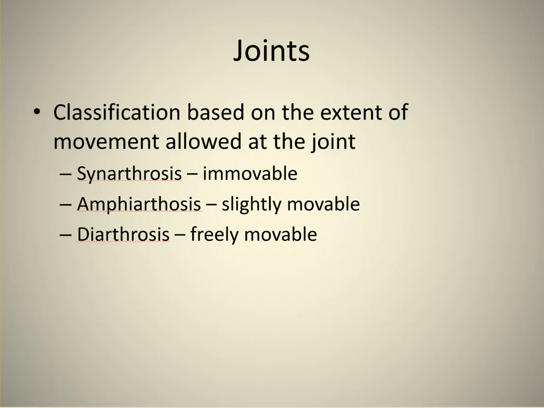We got to learn some strange terminology, like synarthrosis for an immovable joint, amphiarthrosis for a slightly movable joint, and diarthrosis for a freely movable joint. And so all joints can be classified in those two different ways: what is the material between the two bones, and how much movement is allowed?